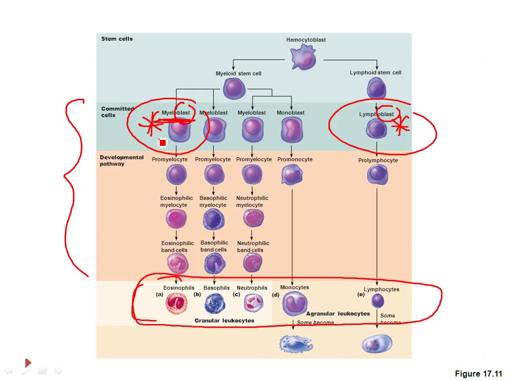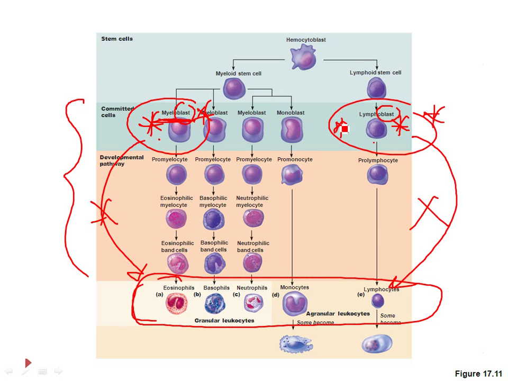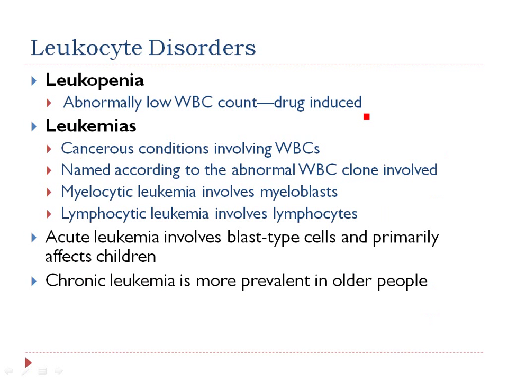If one of these types of cells becomes cancerous, which means it starts dividing out of control, it doesn't go on and finish its specialization. It just stops here, and you wind up with too many, an excessive amount of one or more of those types of immature white blood cells. That is a case of leukemia.